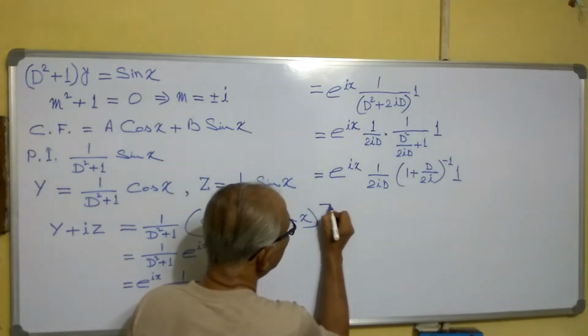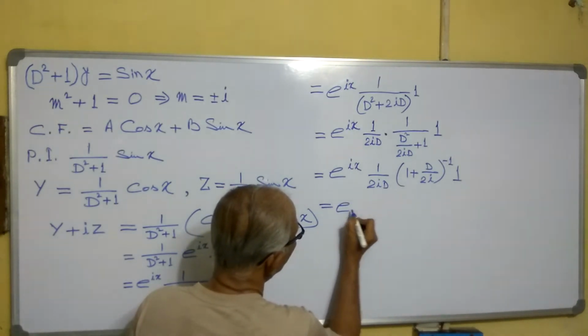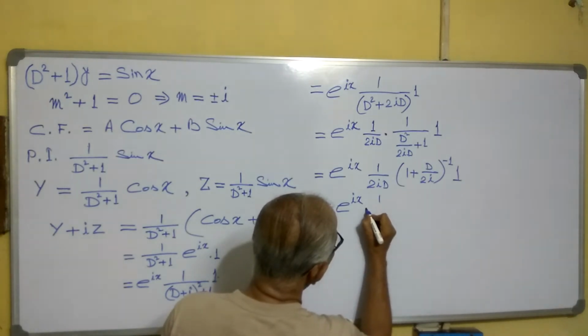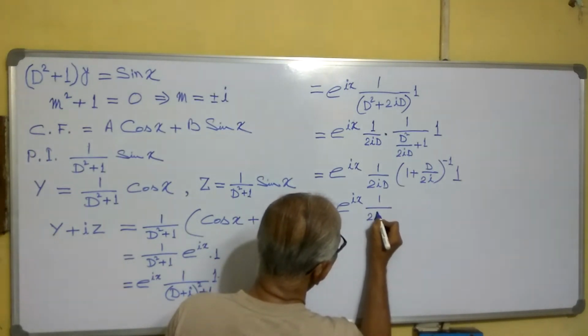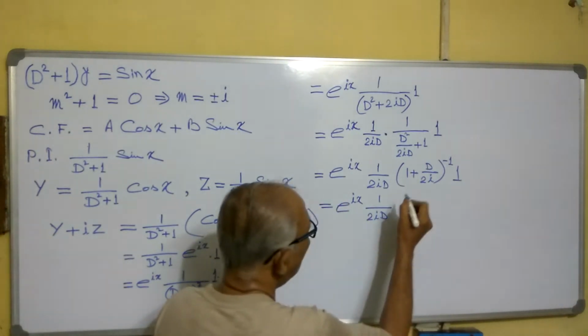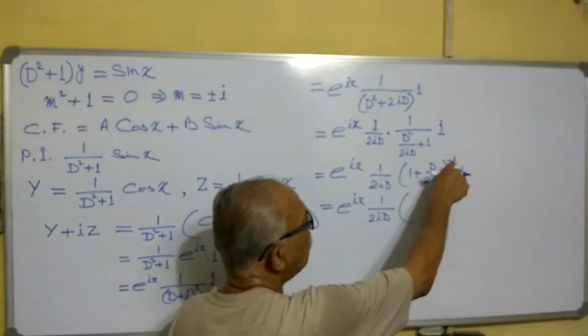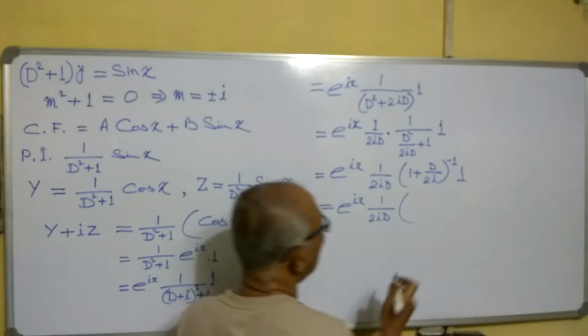Now see this technique carefully. e to the power ix, 1 by 2iD. Now if we expand this, you know it is the binomial theorem for negative integral index.